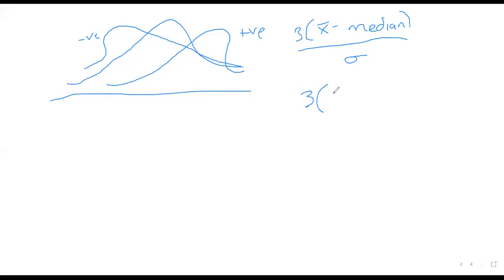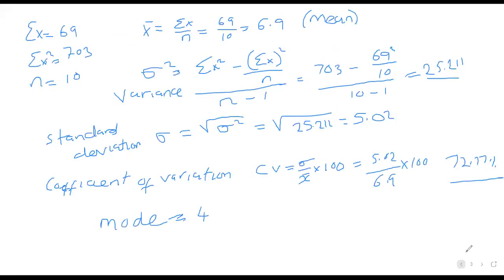So our mean was 6.9. When you go back to our data, our mean was 6.9. Then our median, we had calculated the second quartile was 5.5.